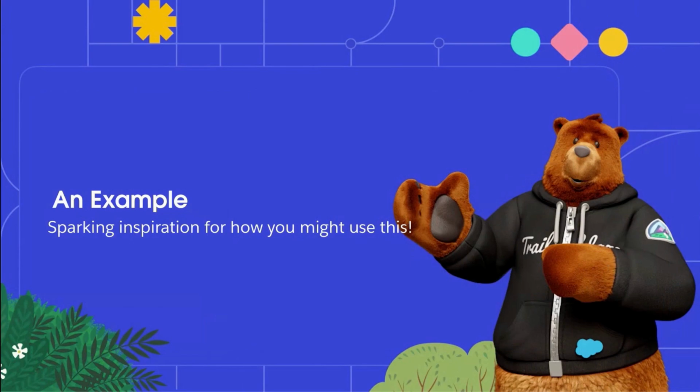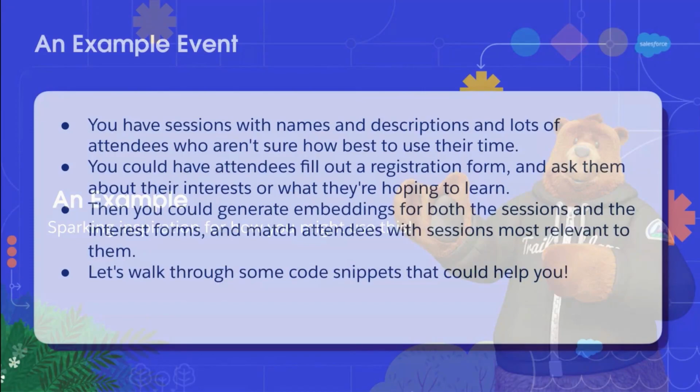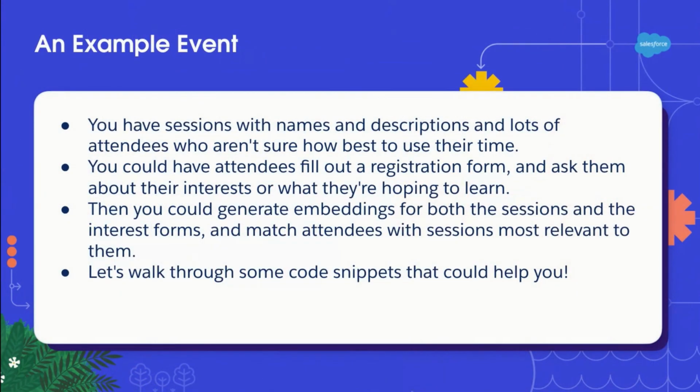And we've been talking about this really abstractly, so let's go through a more concrete example to give you hopefully a more solid idea of how this can be really powerfully applied. So, for example, you have an event, maybe a conference or something along those lines.